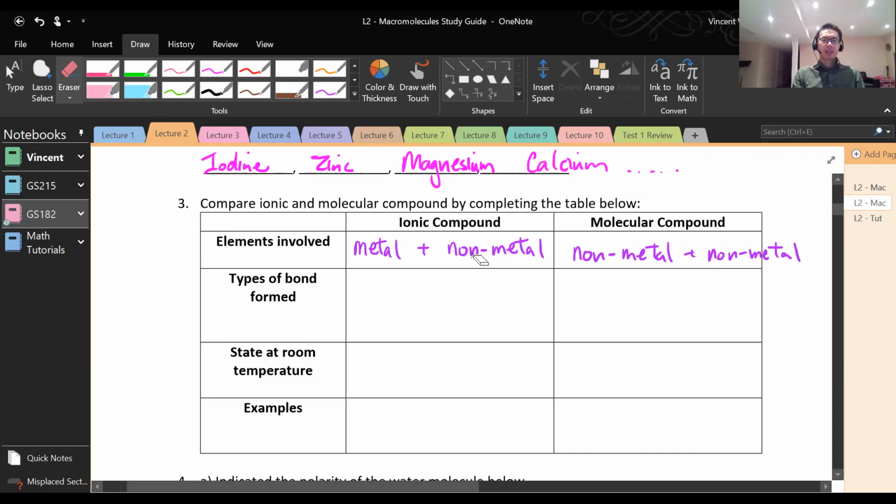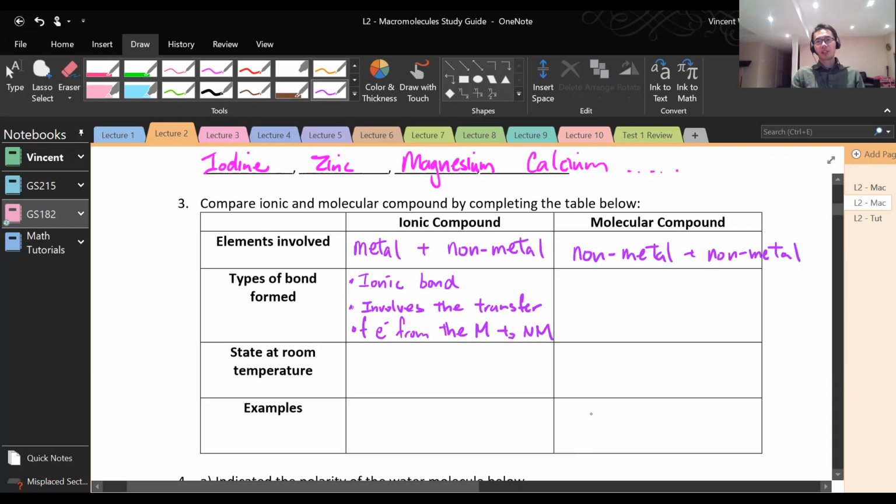In the ionic compound, the bond that is formed is what we call an ionic bond. That's simple enough because it's basically the same name as the compound itself. But what exactly is an ionic bond? An ionic bond involves the transfer of electrons from the metal to the non-metal.